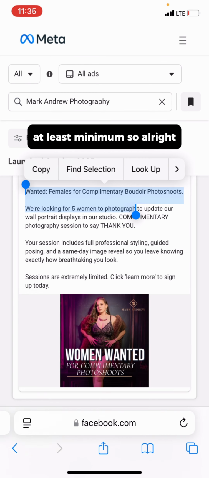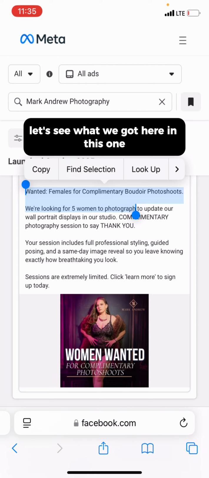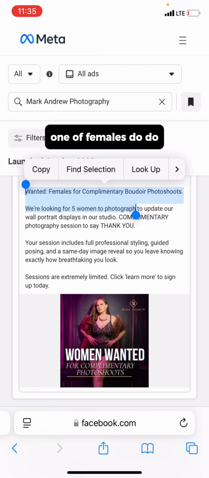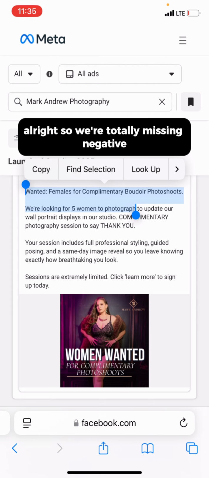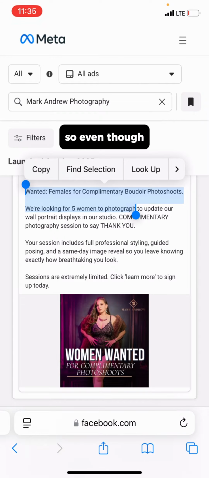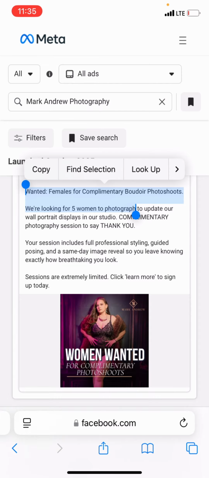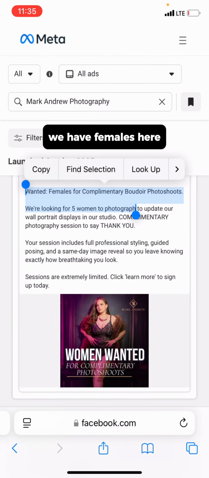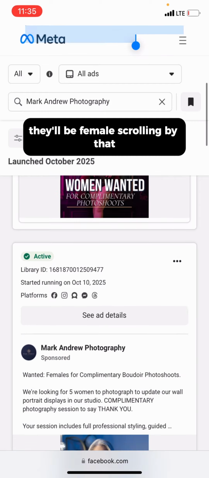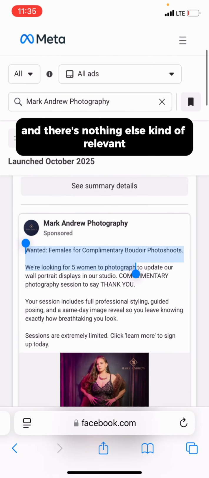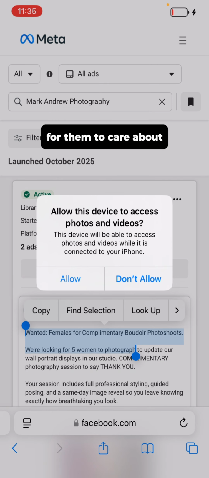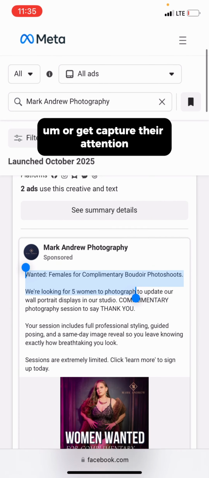So, all right, let's see what we got here in this one. "1 in females, 5 women." All right, so we're totally missing negative. So even though we have females here, there'll be females scrolling by that, and there's nothing else relevant for them to care about or capture their attention.